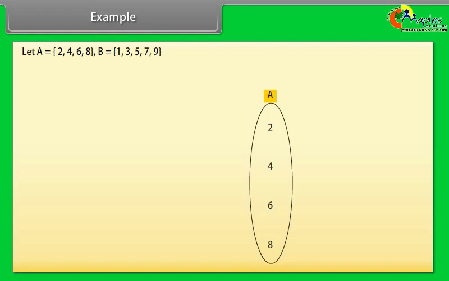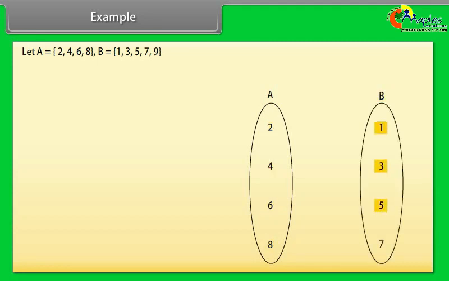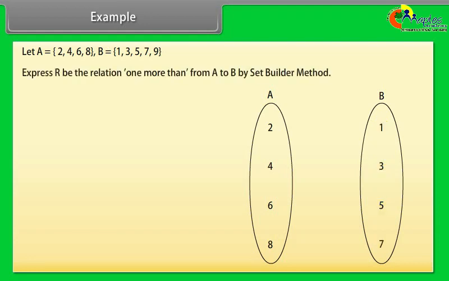Let A = {2, 4, 6, 8} and B = {1, 3, 5, 7, 9}. Express R, the relation 'one more than' from A to B, by set builder method.